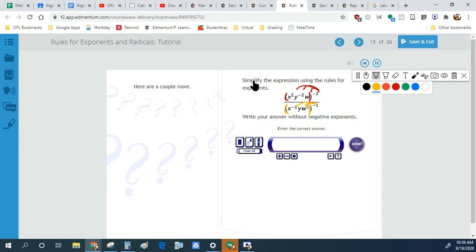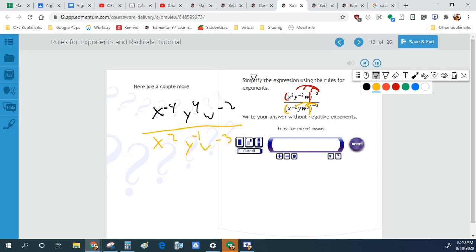So after I distribute, what ends up happening is I get x to the -4, y, it's a negative times a negative, y to the positive 4, and w to the -2. After I distribute that 1, what I'm going to get, -1, I'm going to get x to the positive 2, y, and then this is w to the -3.